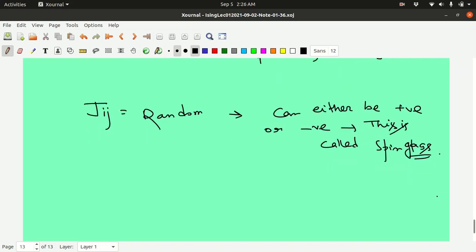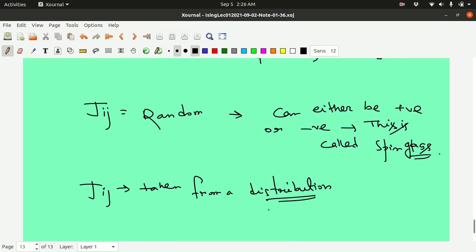And now there is another thing. If the magnetic field B_i is taken from a distribution, like the uniform distribution or Gaussian distribution, so this magnetic field becomes random, then it is called the random field Ising model.